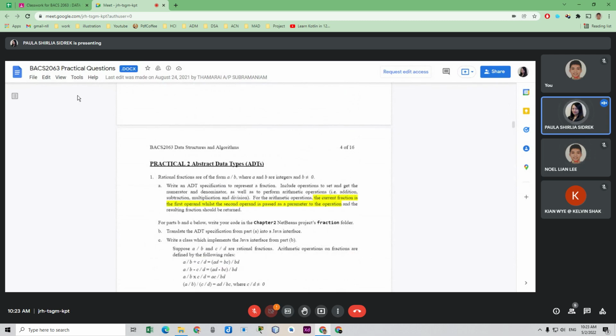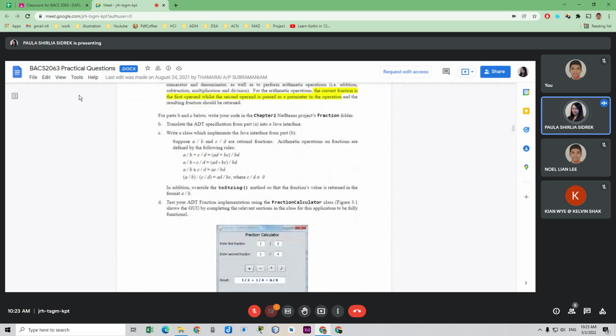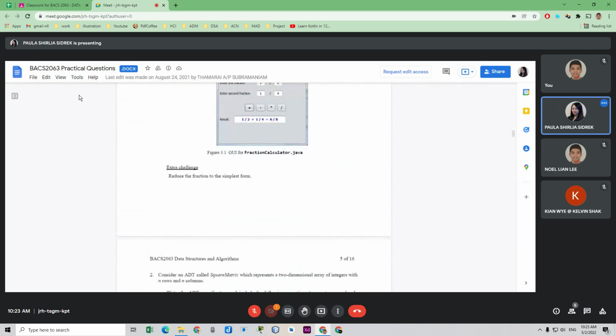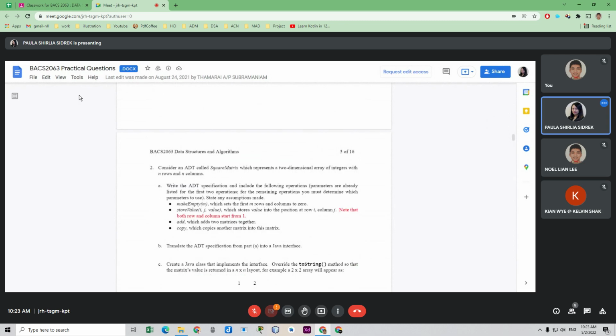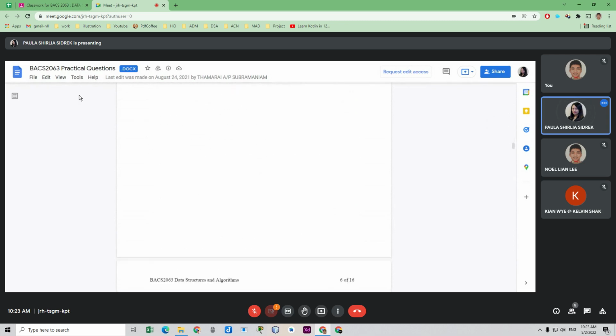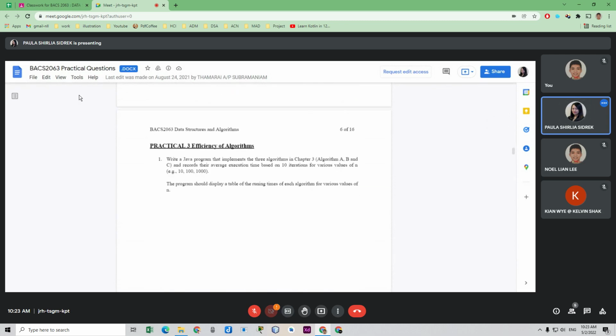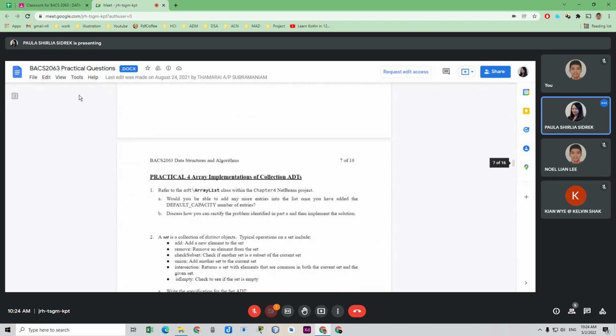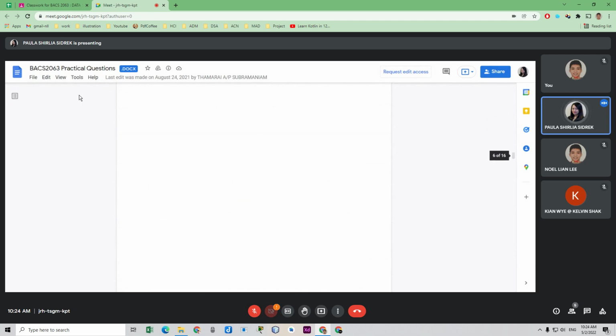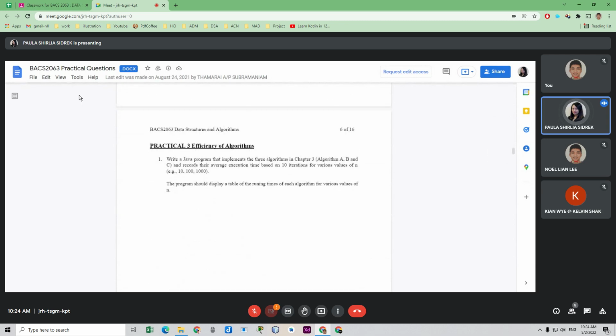Practical on abstract data types. You should actually be done doing this one. Efficiency of algorithm. Okay, never mind. Actually, you're supposed to do this one as well, efficiency of algorithm.